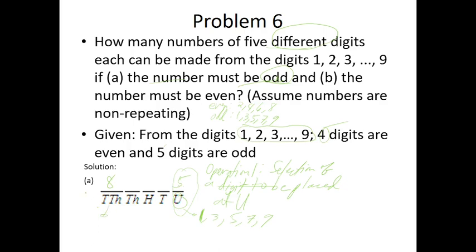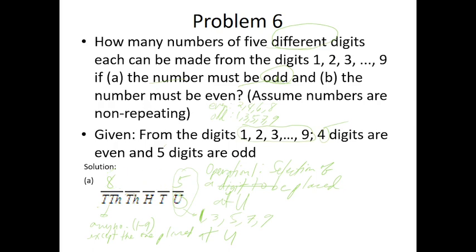In other words, any number 1 to 9 except the one placed at U. So, therefore, 8 possibilities, right? Operation 2 can be performed in 8 ways.